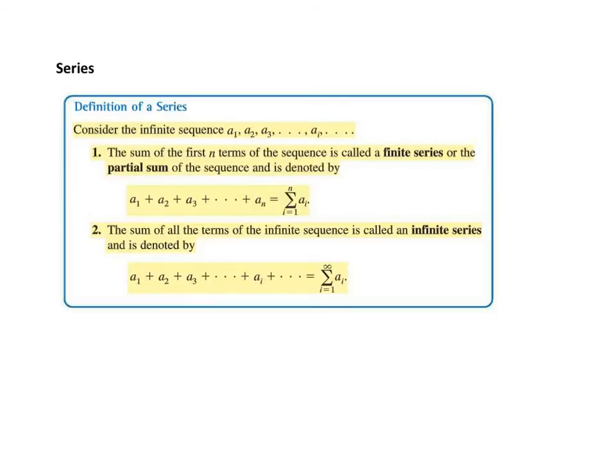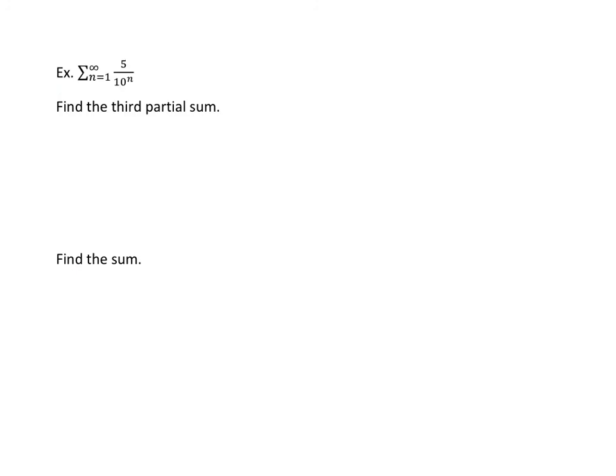Okay, it's called a partial sum if you are only summing up so many terms. It's called an infinite sum if you are adding up all the way to infinity. Pretty easy to remember. Find the third partial sum. So I want to go 3 terms into this. So my first one will be 5 over 10 to the 1.